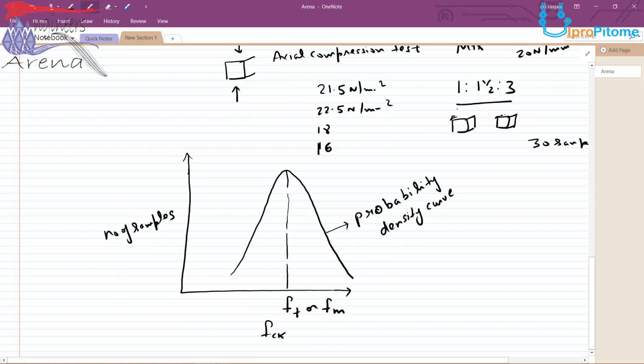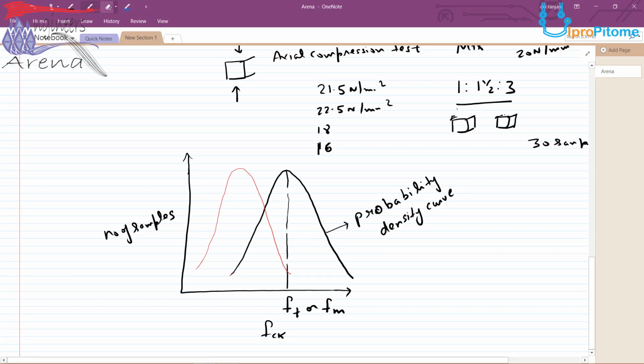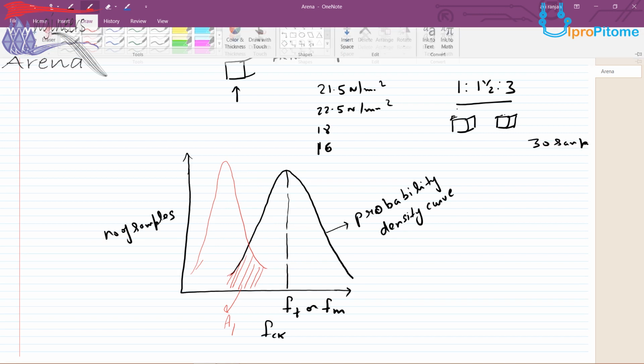Now let me change the color first. We are hatching this portion, and we are telling this is A1.